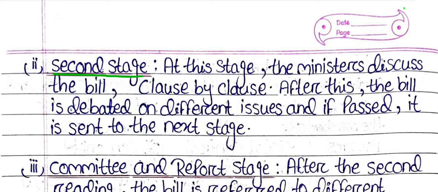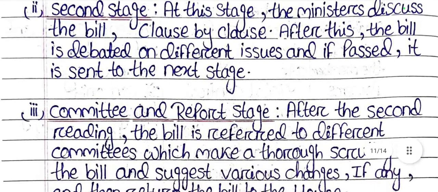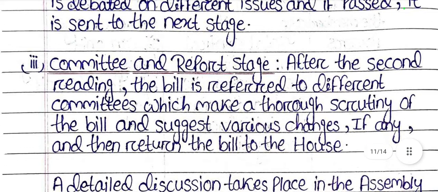So second reading stage. At this stage, the ministers discuss the bill clause by clause. After this, the bill is debated on different issues and if passed, it is sent to the next stage. Then committee and report stage.